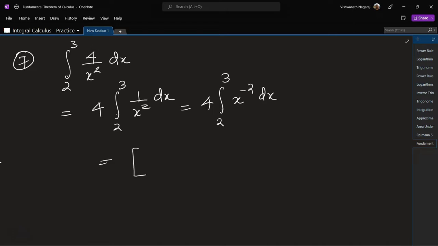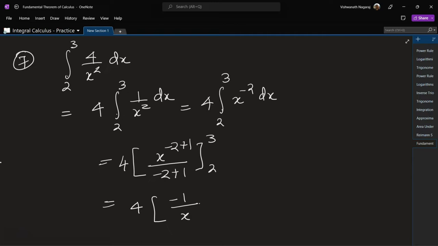Now let's take the integral, 4 times. This will be x to the power of minus 2 plus 1 by minus 2 plus 1 from 2 to 3, which gives us 4 x to the power of minus 1 by minus 1. So minus we can bring it up, and this we can take it down.